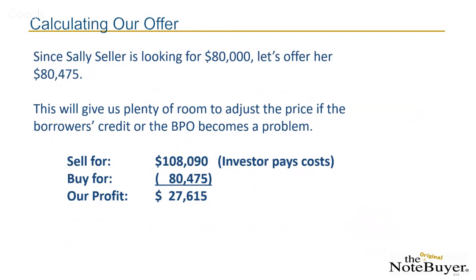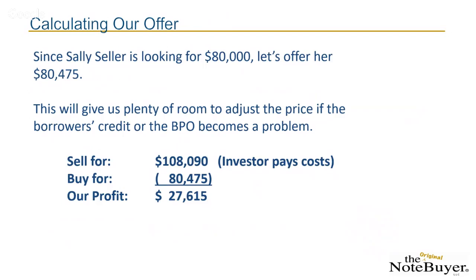So at any rate, this is what our numbers look like. We know that we can buy this from Sally Seller for $80,475, and we have a quote for $108,090. I might comment that normally I build in something for the costs, because when I am quoting a note seller, I want to cover all of the costs.